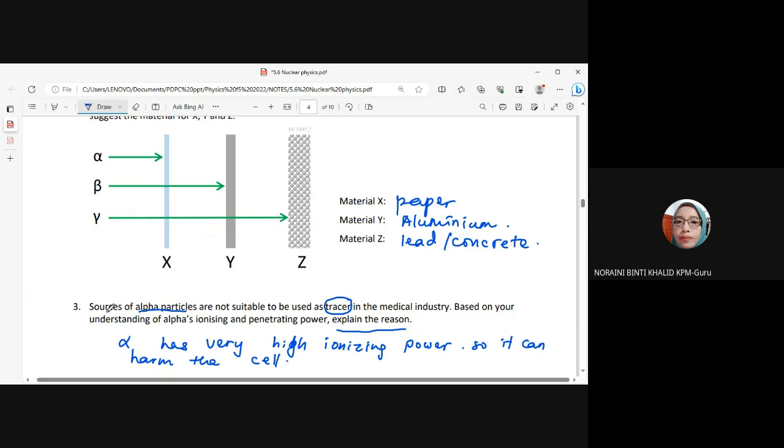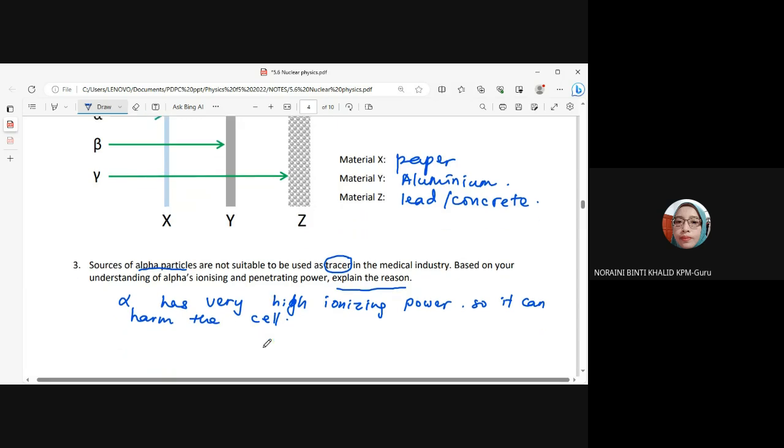Okay, boleh macam tu. And then also alpha has low penetrating power. So memang dia tak boleh pergi ke tempat-tempat yang terselindung pun.